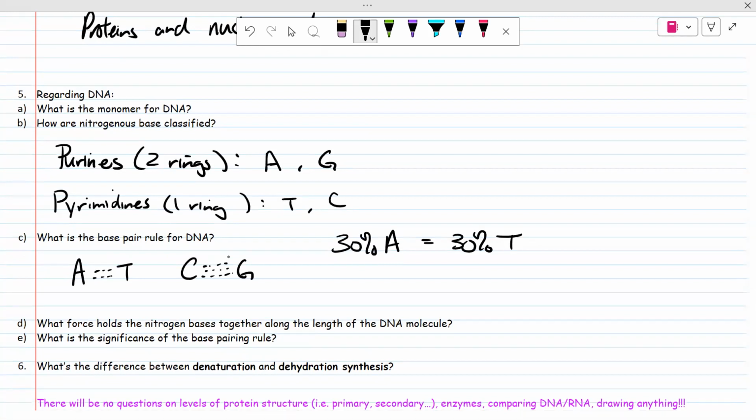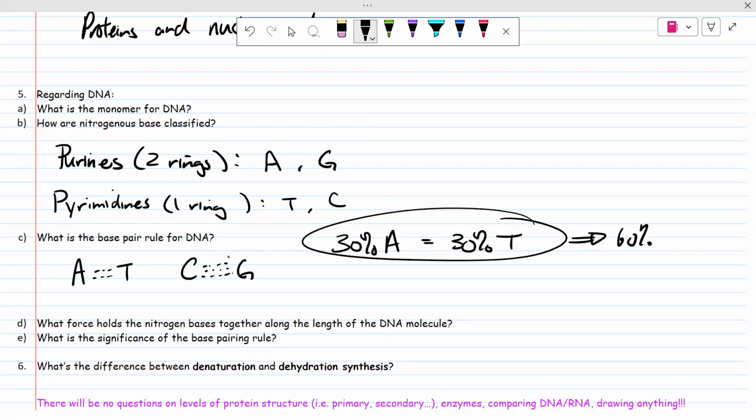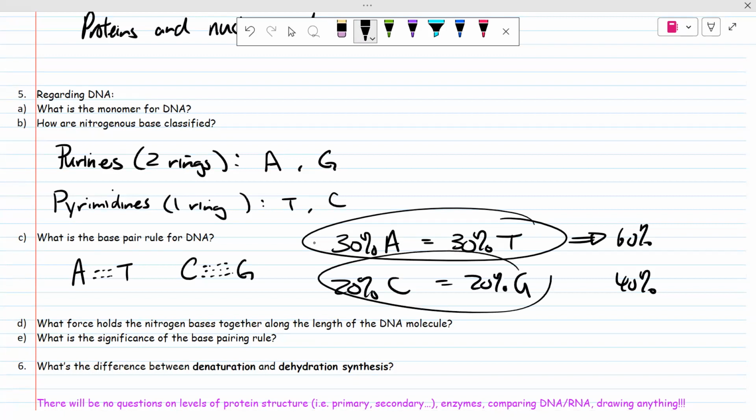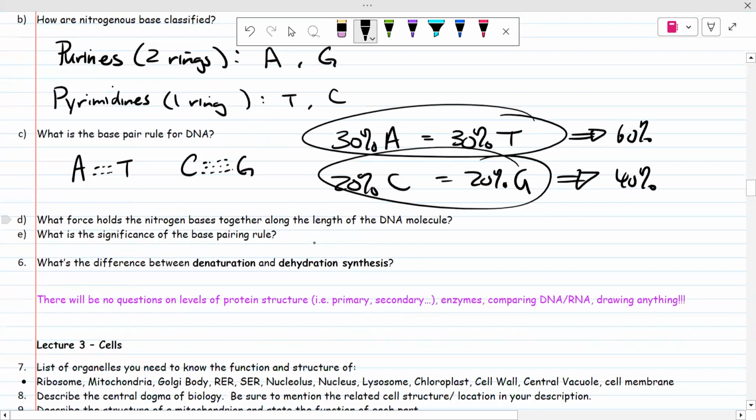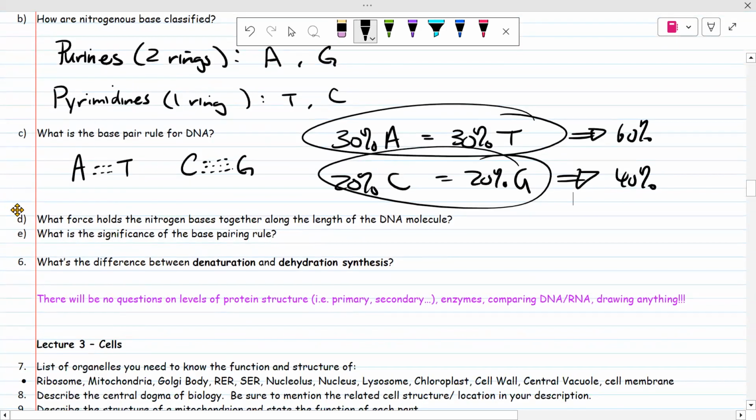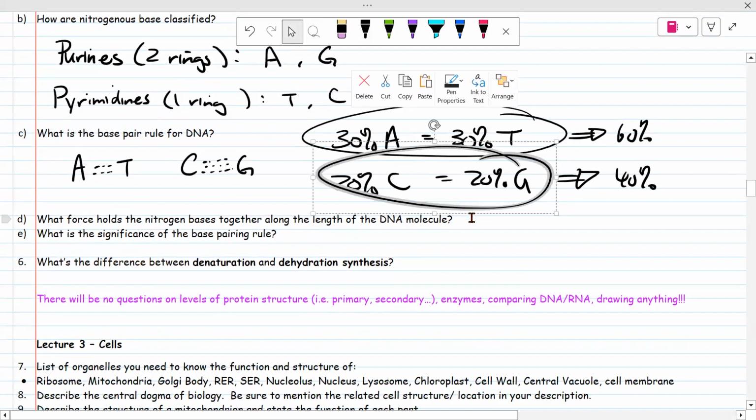They add up to 60, which means you have 40% left. Divided by 2, 20% C and 20% G. See, uracil? There's no uracil in DNA, remember? Okay, what force holds the nitrogenous bases together? The hydrogen bond.